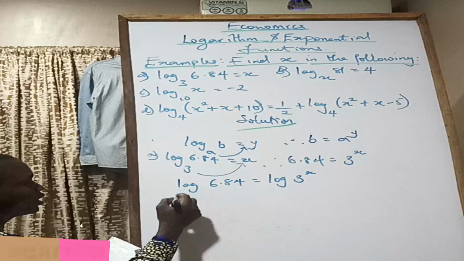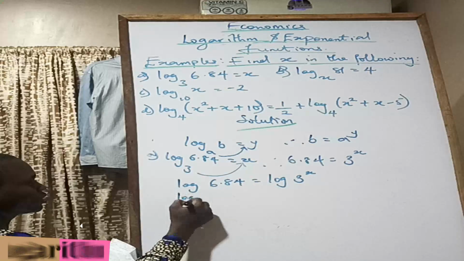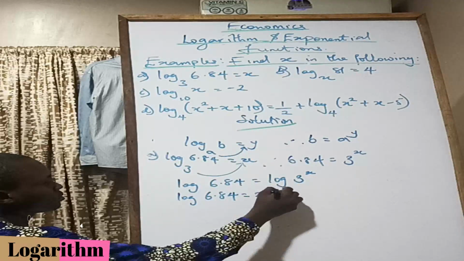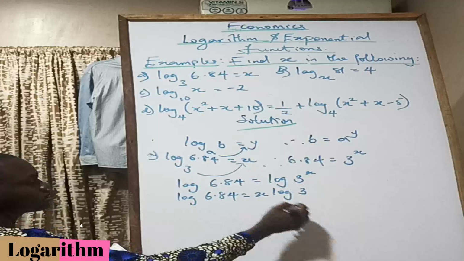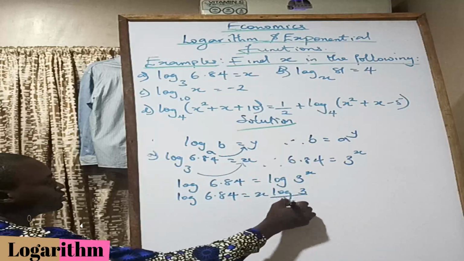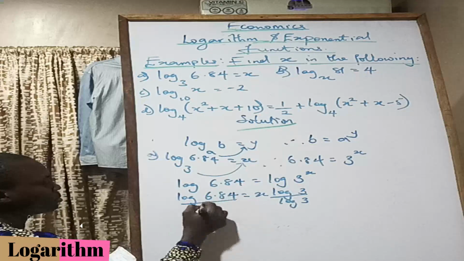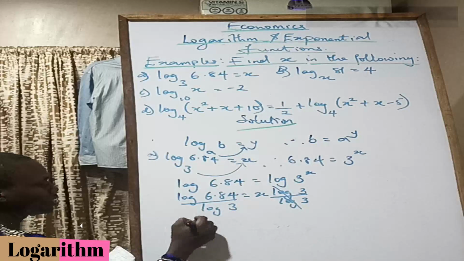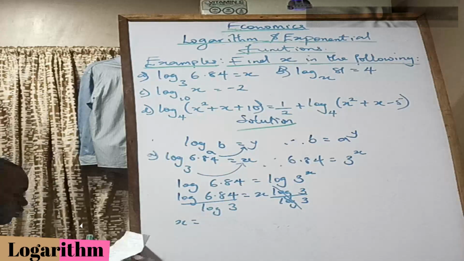Before I even evaluate that, I could just do something like this: log 6.84 equals x log 3. I believe you understand this. So divide both sides by log 3. This cancels this. So we have x equals log 6.84 divided by log 3.